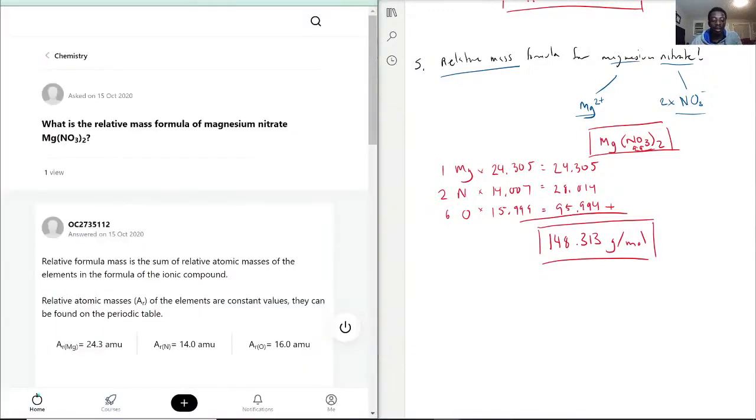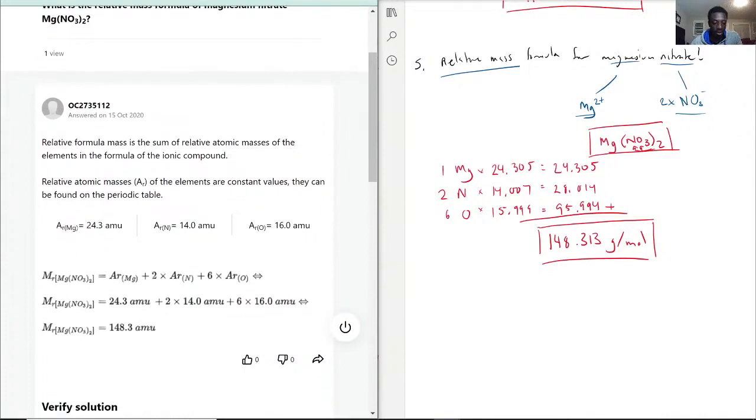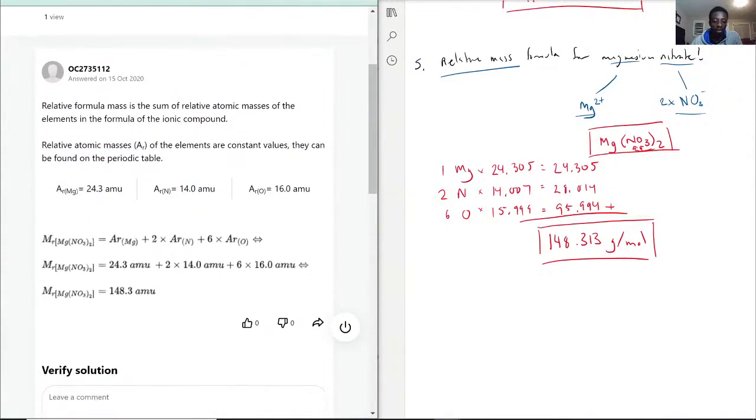And let's see how we did. So exactly, they have the atomic masses of each, which is here. 24.3 is what they use for magnesium, and then for nitrogen they use 14, and for oxygen they use 16, and together they got 148.3 atomic mass units. I prefer to keep it in grams per mole, just because that's usually what they're asking for the molecular mass.